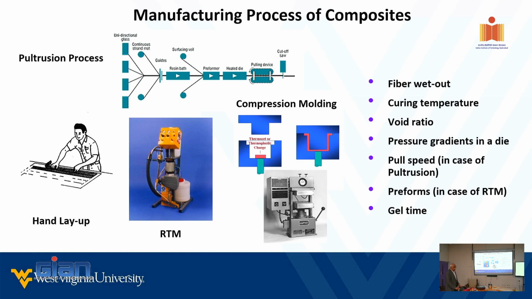All right, so the issues are on the right side: fiber wet out in the manufacturing, and all 7 items are important. Curing temperature: there is a cure cycle when you do the manufacturing. You just cannot slap two together and heat it for 20 minutes and move on. If you want a quality product, you must adhere to cure cycles. See the heating die there? From the entrance to the exit it's about 40 inches, taking about 1 or 2 minutes.